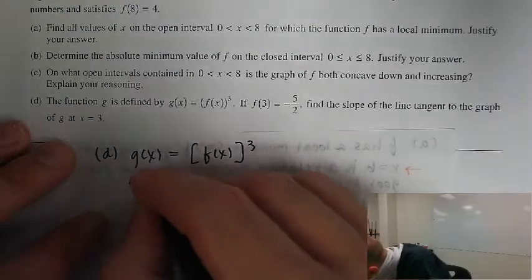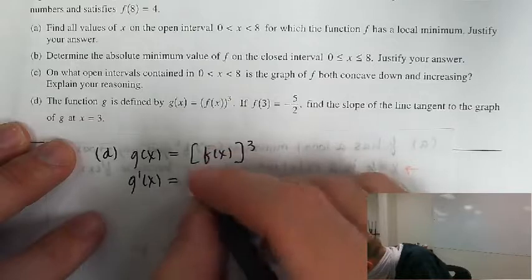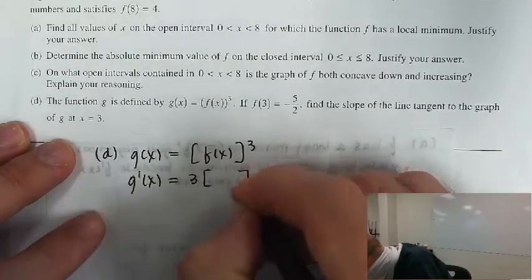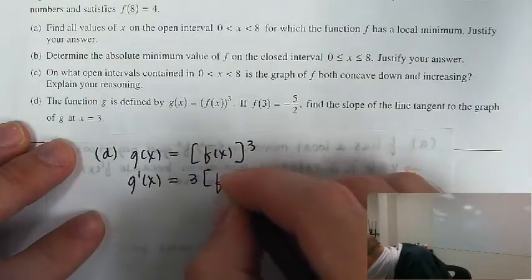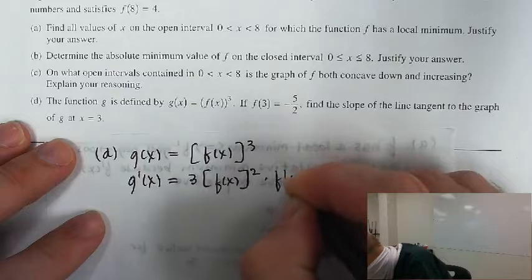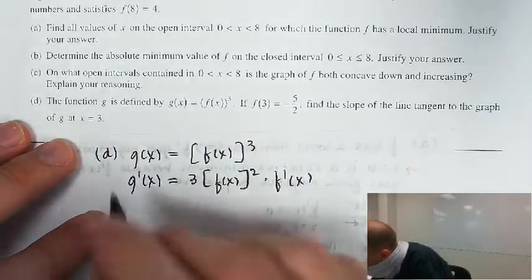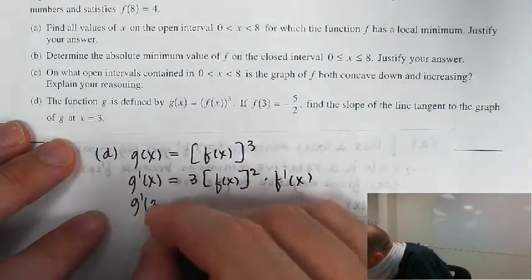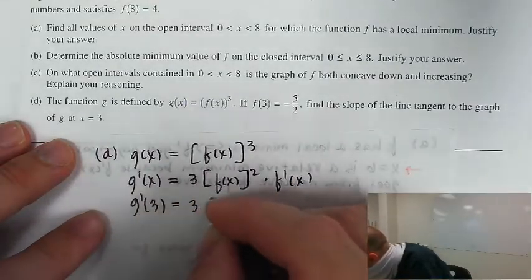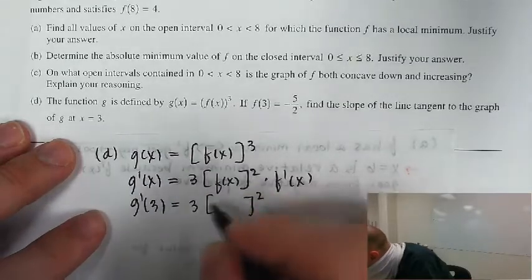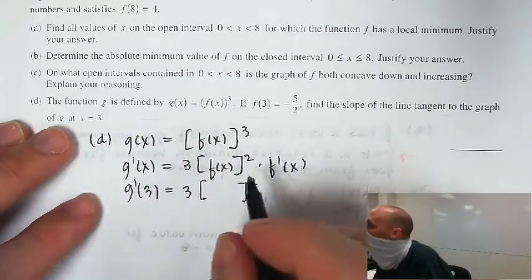So g prime of x: take the derivative starting with the outside, 3, reduce the power by 1, keep the inside the same, and then multiply by the derivative of the inside. So g prime of 3 is equal to 3 times f of 3 squared. Well, f of 3, they just helpfully told me, is -5/2.